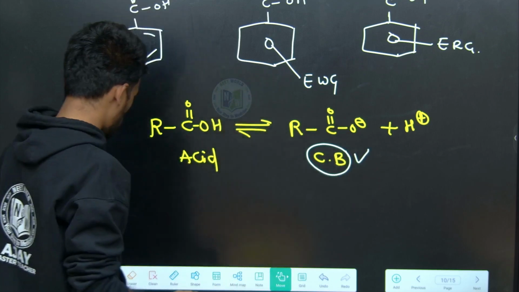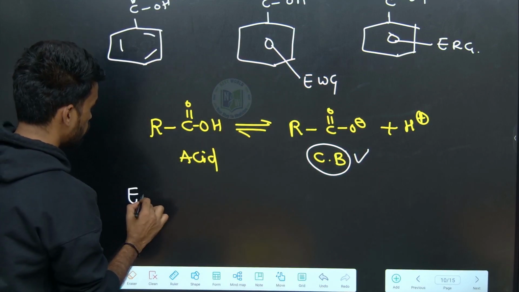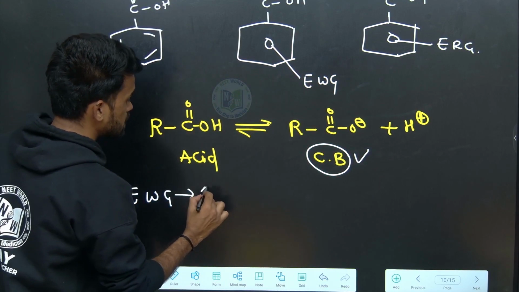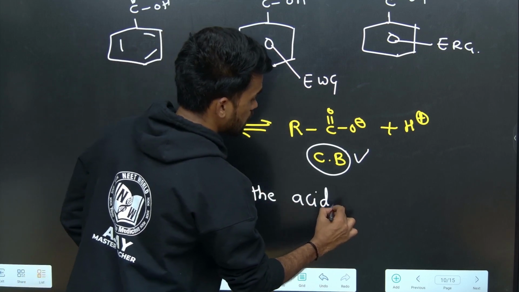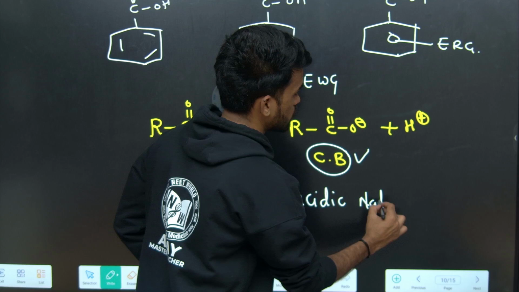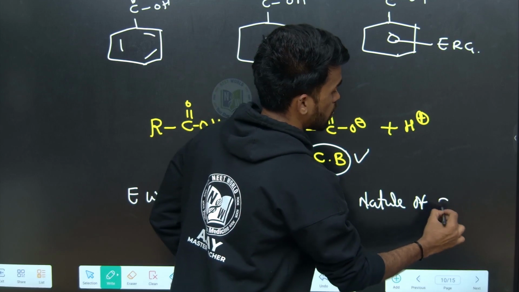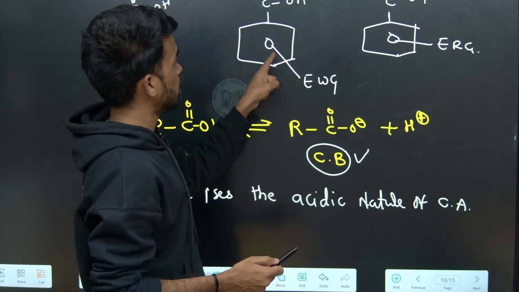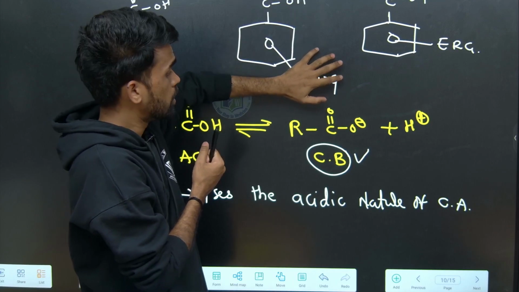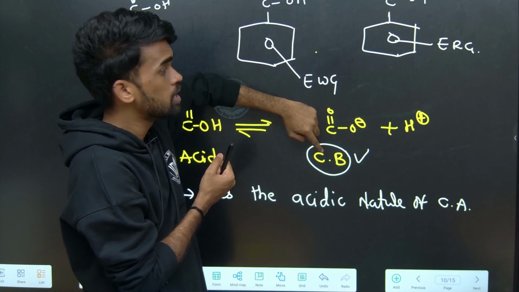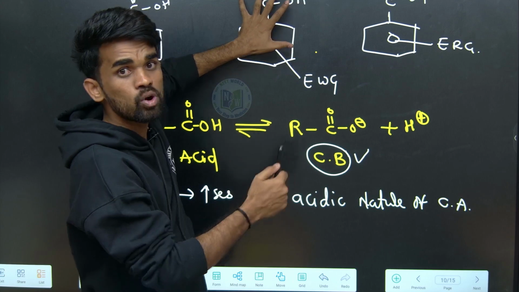So electron withdrawing groups increase the acidic nature of carboxylic acids. For the carboxylic acid with an electron withdrawing group, the respective conjugate base is more stable, therefore the respective acid will be more acidic.